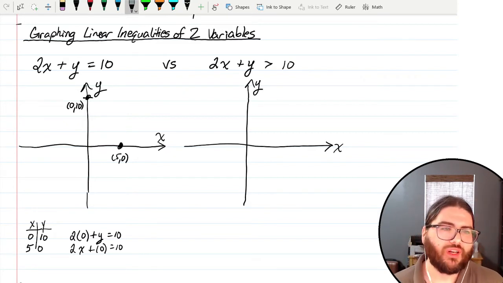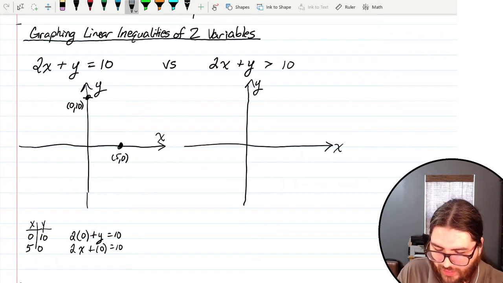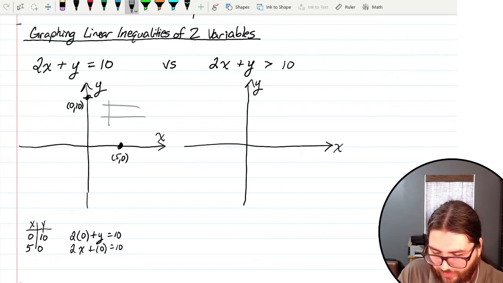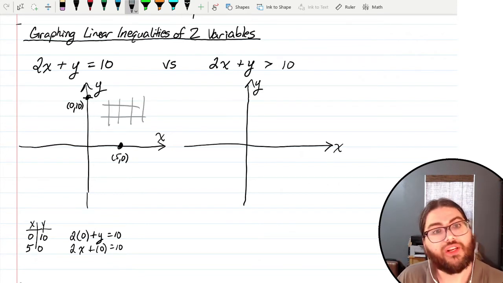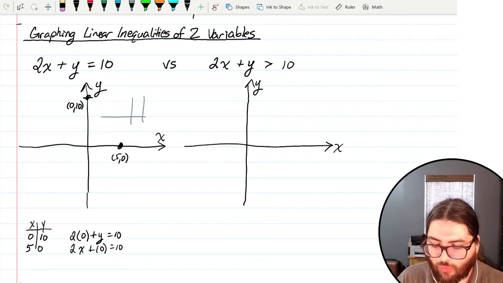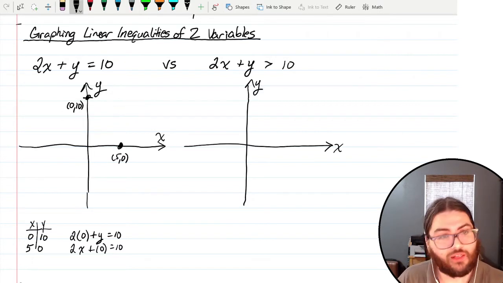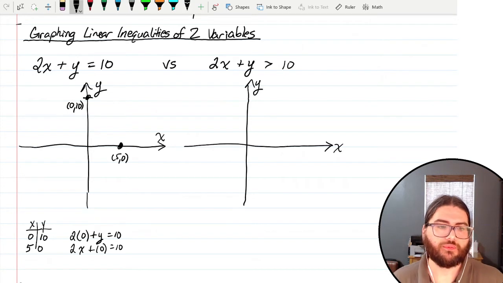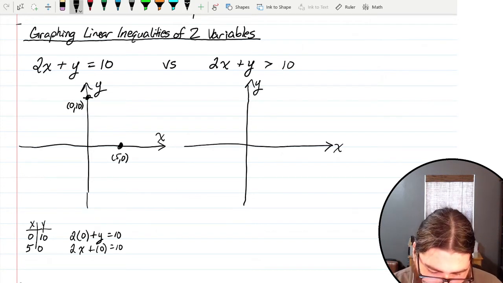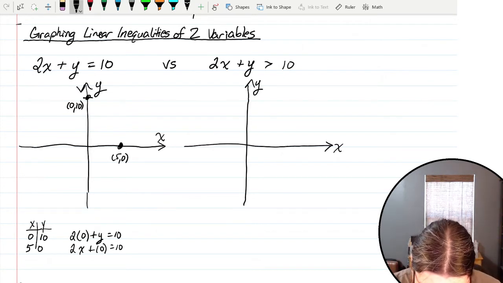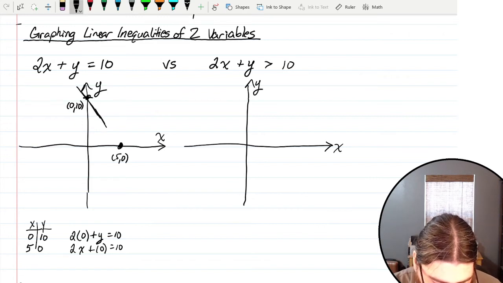So I'm going to try to keep things equal on both sides, which means I've got square grid lines whenever possible. And when I can't, I'll try to let you know. So I'm going to graph this line by connecting the two intercept points in a perfectly straight line.